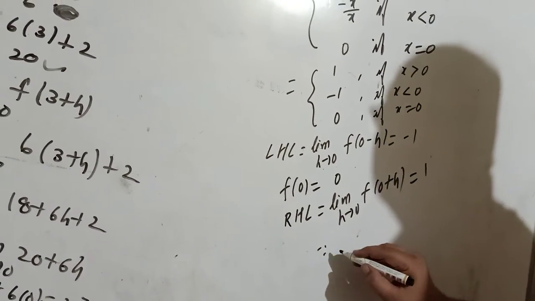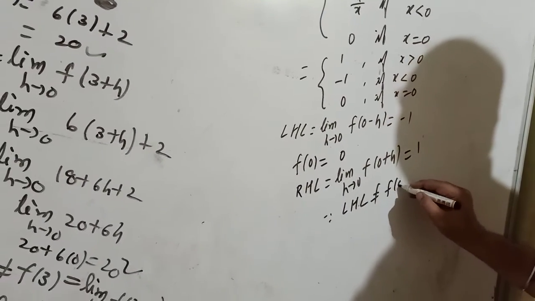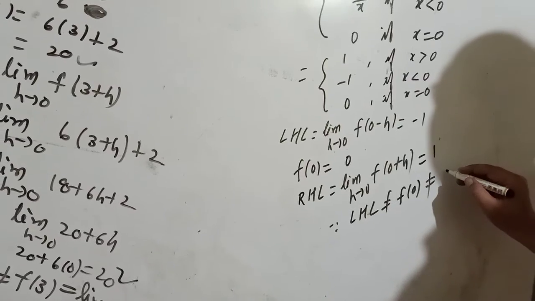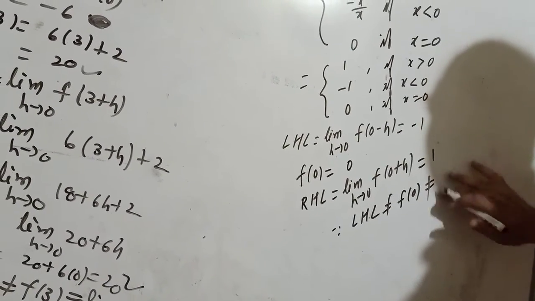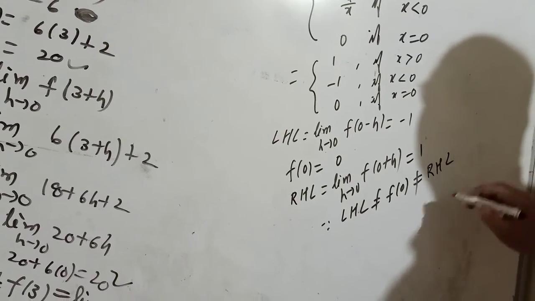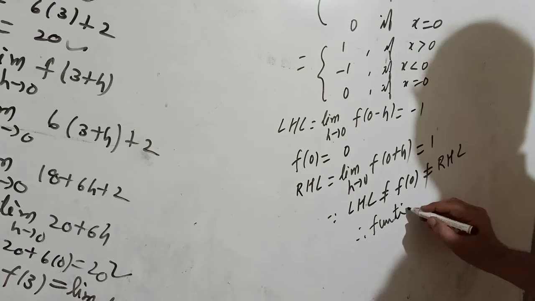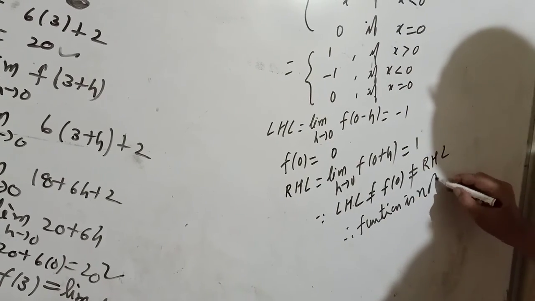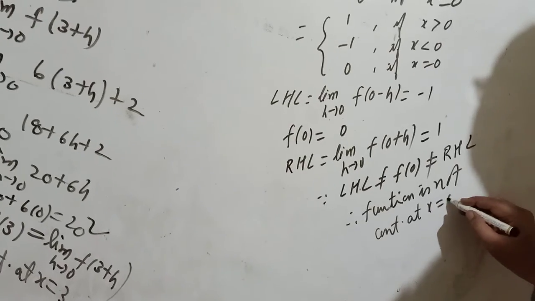So since LHL is not equal to f of 0, not equal to RHL or f of 0 plus h, all three are not equal, therefore function is not continuous at x equal to 0.